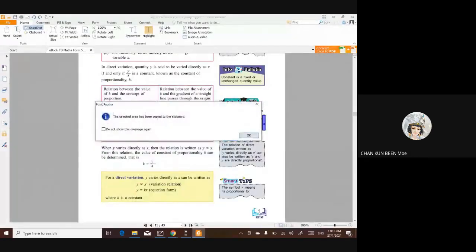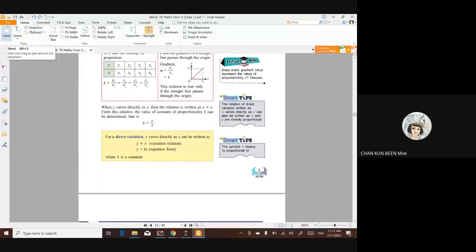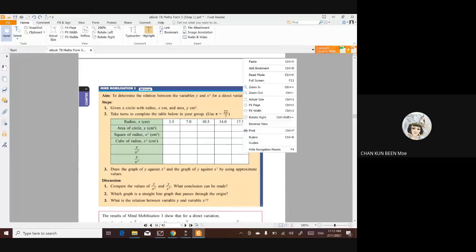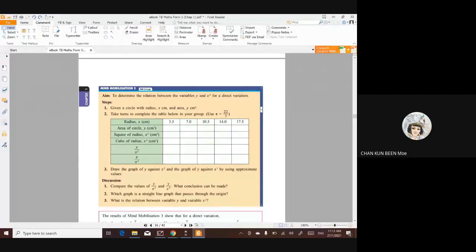Okay, I'm going to go through the next one with you. Okay, this part here, the mind mobilization tree, is the same as what we did just now. The only different thing is they change it to x squared and also x cubed. So from the finding, actually, this part here, y over x squared, you will get the same number, which is 3.142.